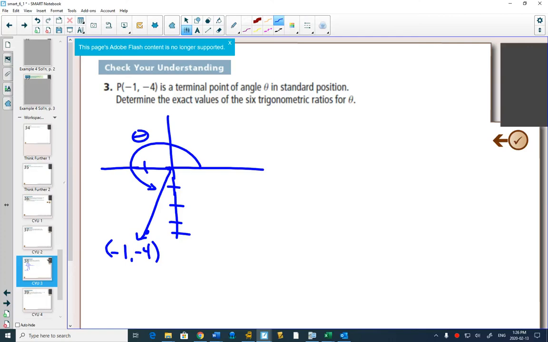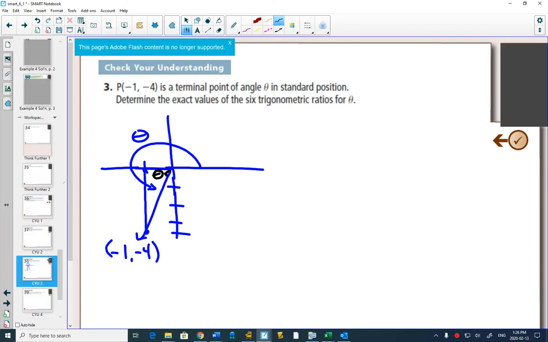We're going to make a triangle, and it has to go back to the x-axis because it's important that we include our reference angle. Our reference angle was always the angle going back to the x-axis. So the triangle needs to go back to the x-axis as well.